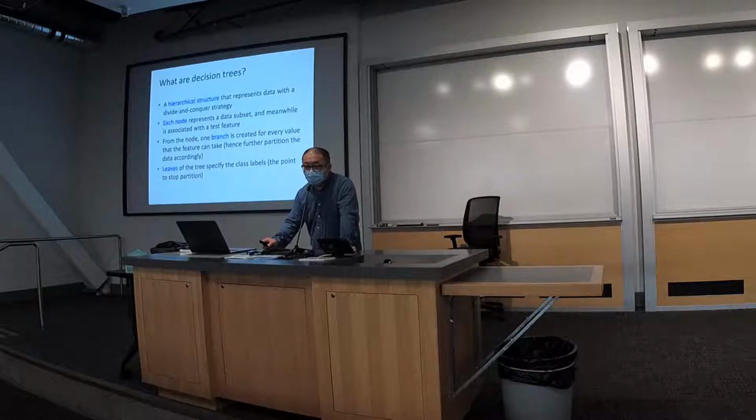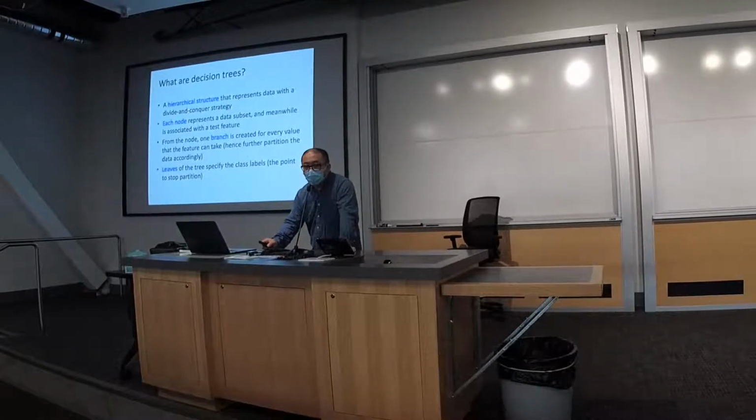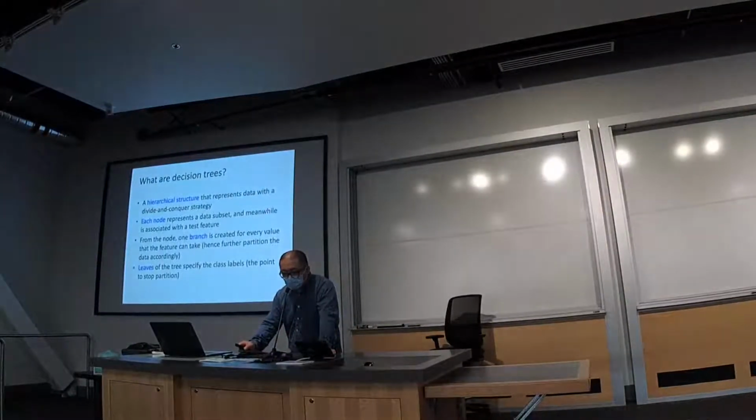Okay, that's supervised learning. Of course, if you don't provide any labels in your training data, it is called unsupervised learning. If your training data consists of both labeled and unlabeled training examples, this is called semi-supervised learning. And then we briefly introduced the definition of decision trees.